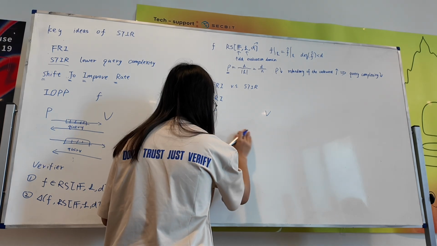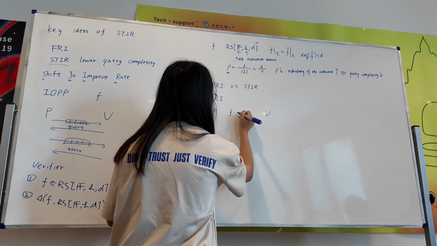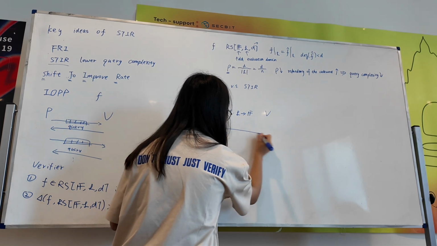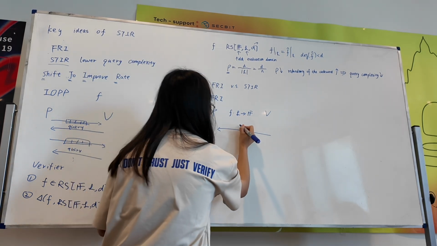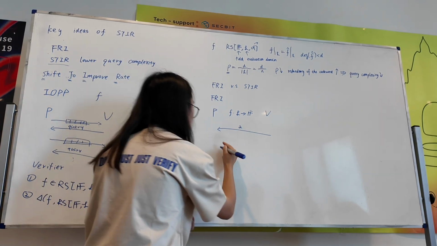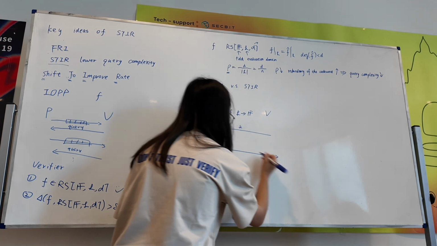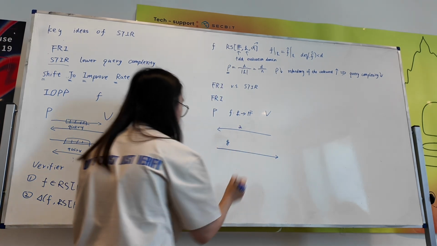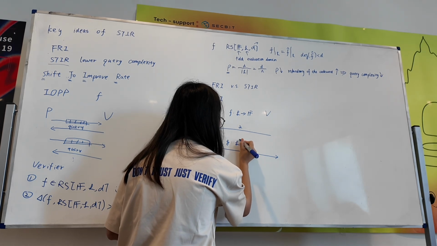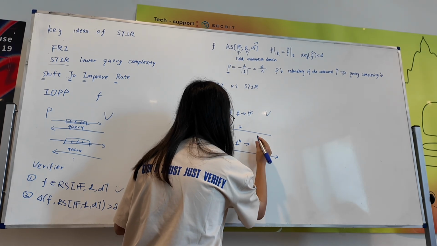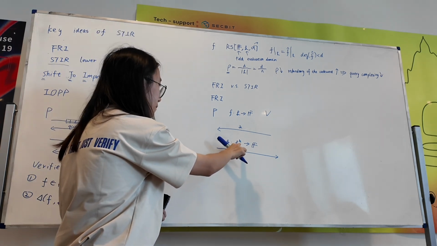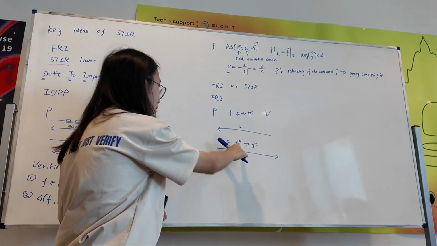First the verifier will send alpha randomness, and the prover will use this to fold. Let's see, g is Fold_k of f, where k is the folding factor.